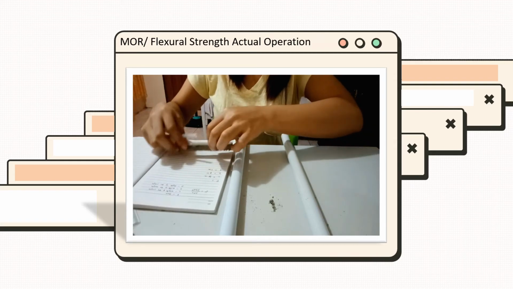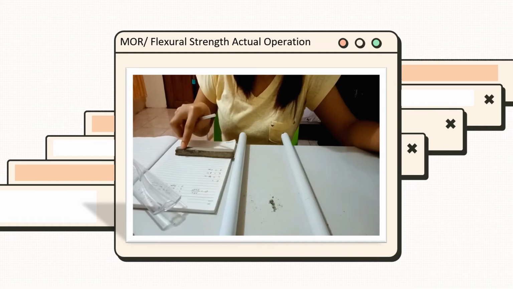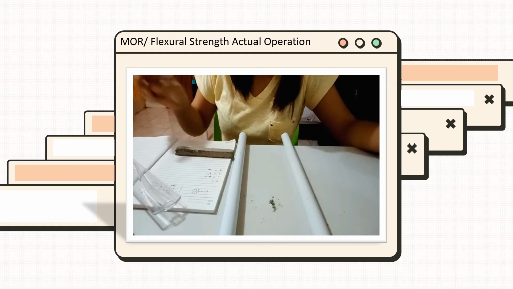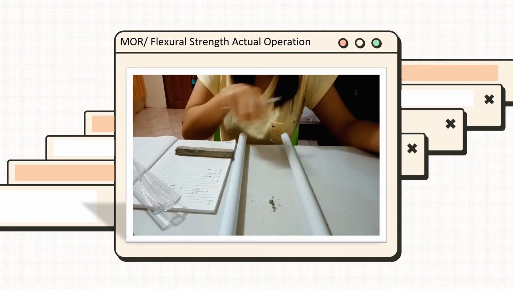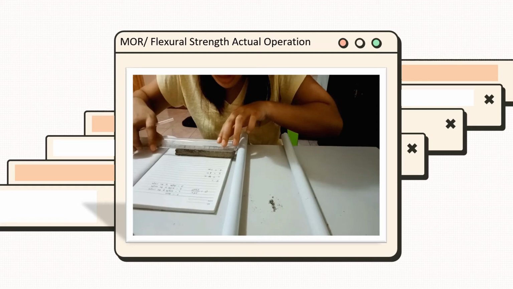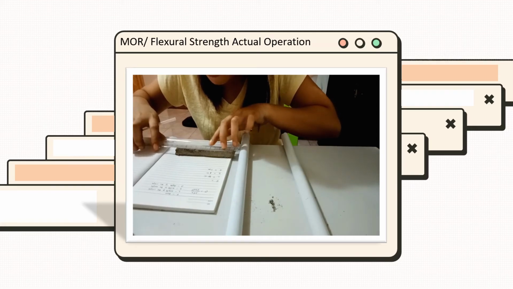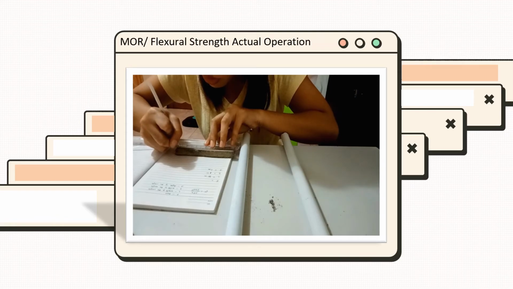Now we will put markings, 2 on this side and 1 in the center, where we place the aluminum rods, 3 aluminum rods.